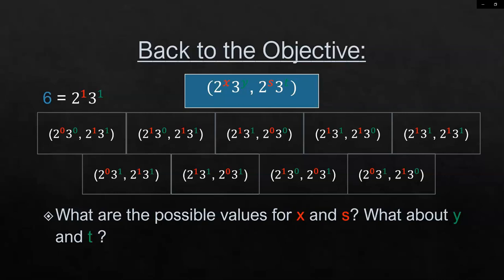In all of these pairs, the exponent for 2 is only 0 or 1. And what about y and t? Same question. 1 and 0, same thing. Yes, it is the same thing, 1 and 0. So as you can notice, we have very limited choices that we can use for those exponents. We have only 0 and 1 to use.